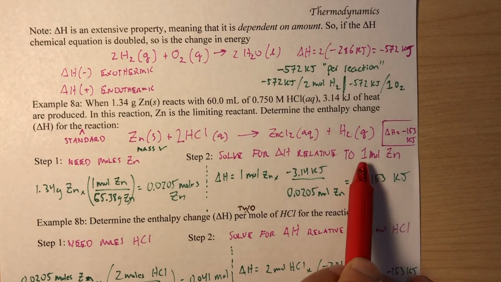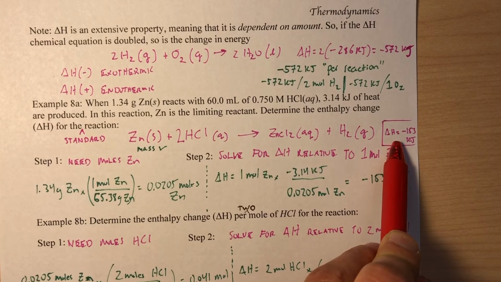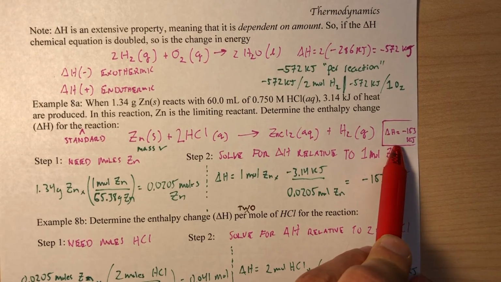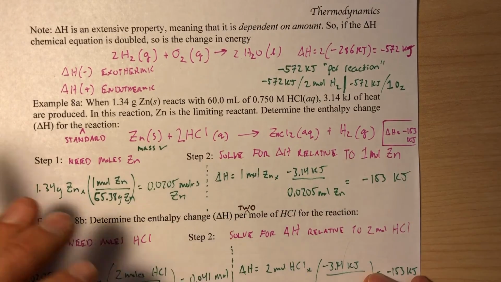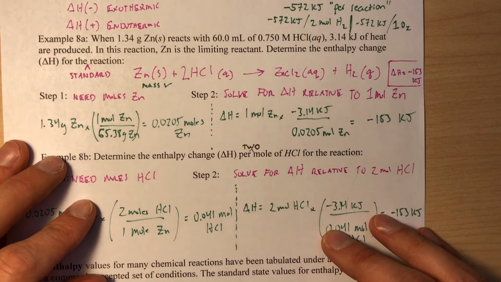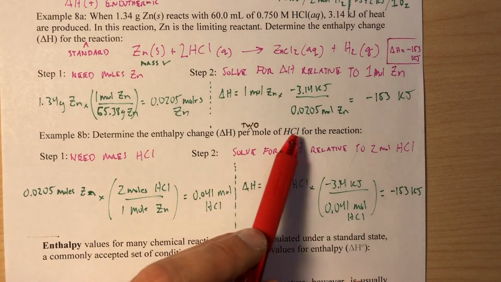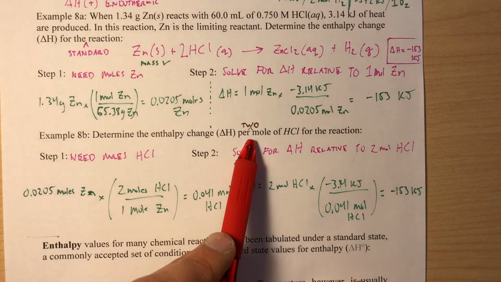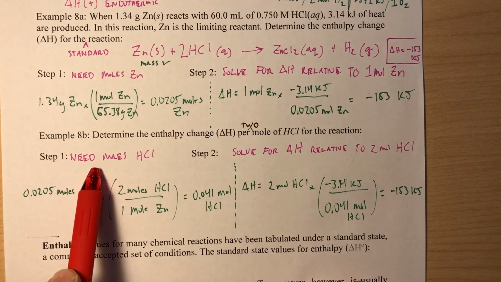So that becomes our delta H for this reaction, which I would consider sort of like our universal release of energy for this reaction. And we can also take a look at what it is for every 2 moles of hydrochloric acid based on the balanced equation and prove that it should be the same. In order to do that, we need moles of hydrochloric acid.